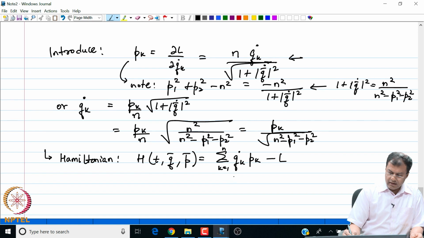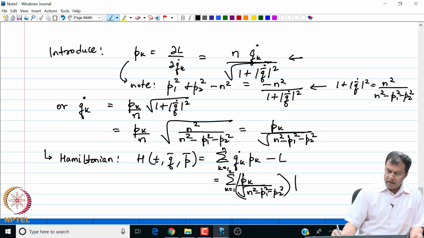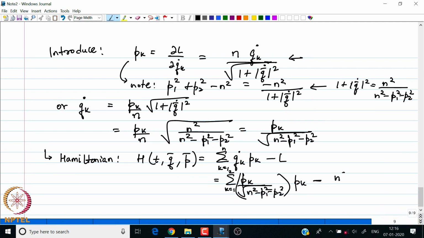I see that this is equal to the summation of pk by the square root of n square minus p1 square minus p2 square, k from 1 to 2, times pk, minus L. Now L is n square by the square root of n square minus p1 square minus p2 square. Okay.